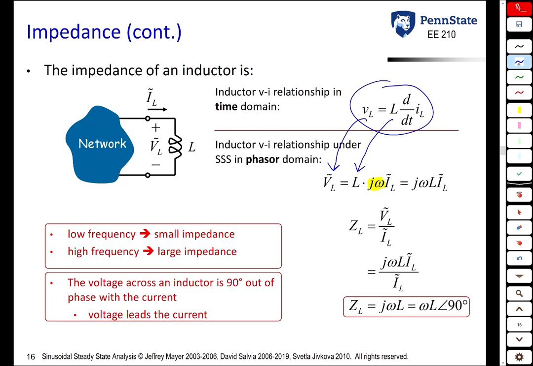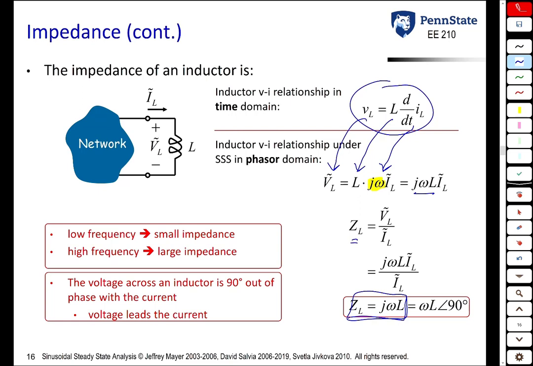We saw that in last lecture. So this expression becomes that. And so V_L phasor is j omega L times I_L phasor. So by definition, Z_L, which is the ratio of V_L phasor to I_L phasor, is just j omega L. And this is where we got this expression from.